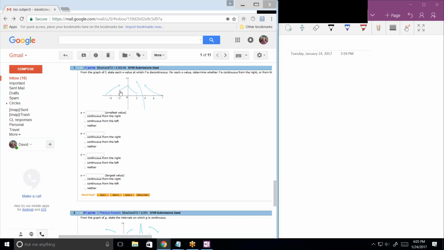In other words, it's a jump discontinuity. I wasn't quite sure what they meant as far as this continuous from the right or left. That's kind of a new concept for me. But I think that they probably mean at endpoints only. Okay. But I'm not certain. That's why I wanted you to check. Go ahead and put in 2 and neither here and see if that's correct also.